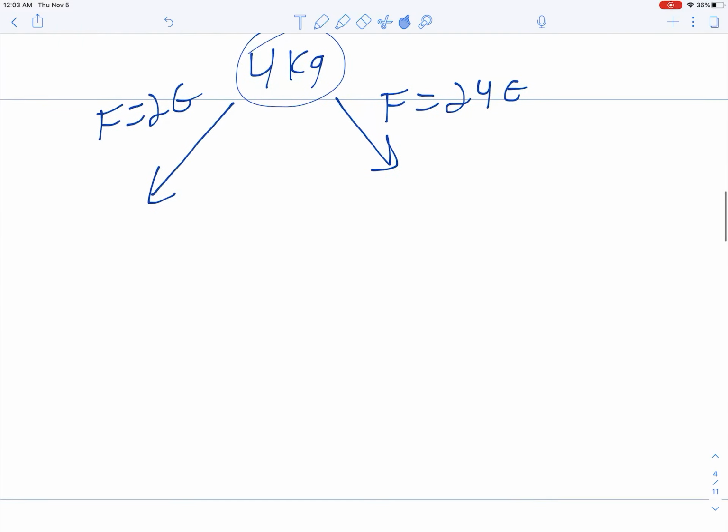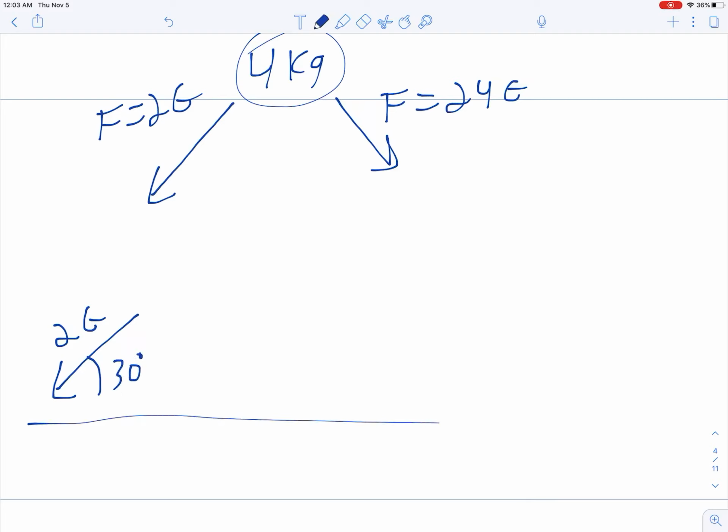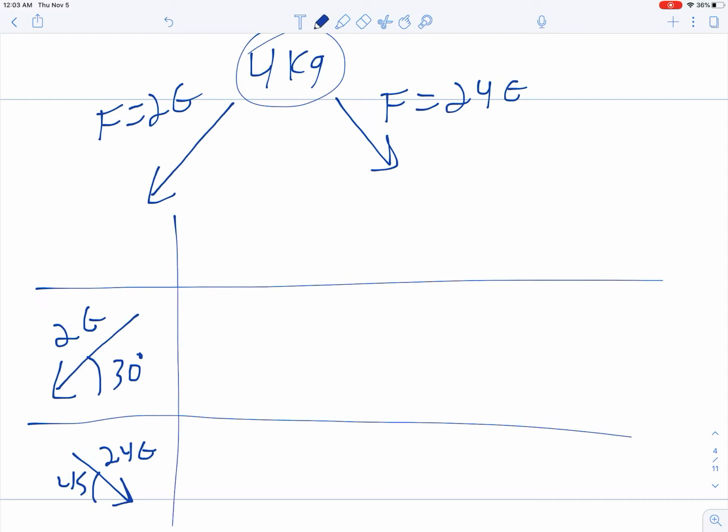So now we're going to break this up. We're going to have this vector at 2g, and it's at a 30-degree angle. And we have this one, which is 24g at a 45-degree angle. And we're going to find the force in the x direction. We're going to find the force in the y direction.